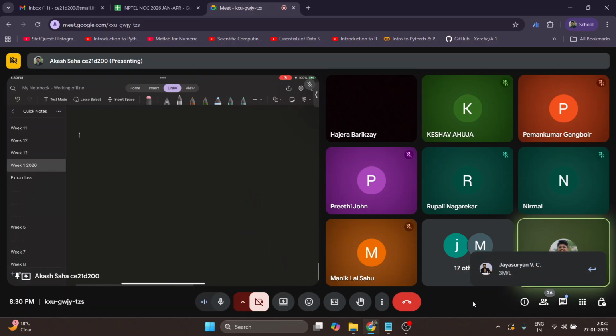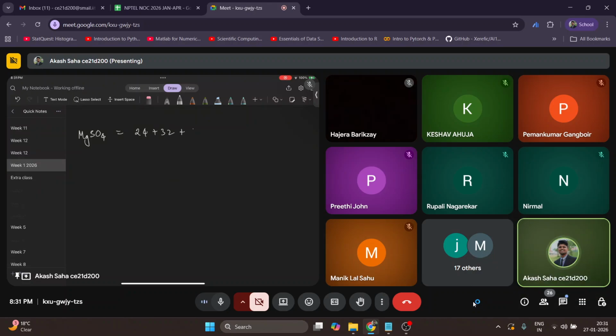So MgSO4 is 24 plus 32 plus 64, so we have 120 grams per mole, right? So the molarity will be 360 gram per liter divided by 120 gram per mole. So it is nothing but 3 molar.